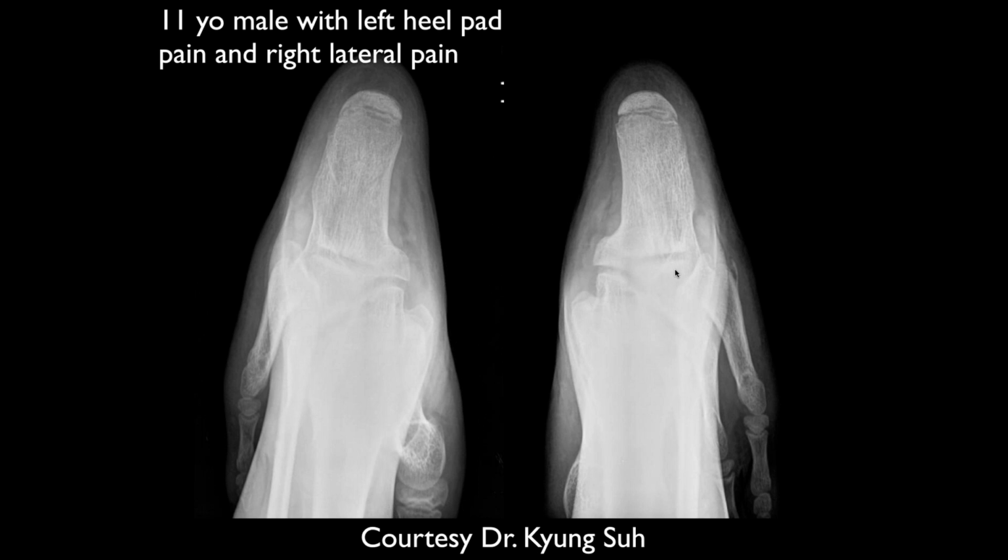Okay, 11-year-old male with left heel pad pain and right lateral pain. Is that the right side on the right? I believe this is left and this is right. So the proximal aspect of the right fifth metatarsal, there may be a fracture there.